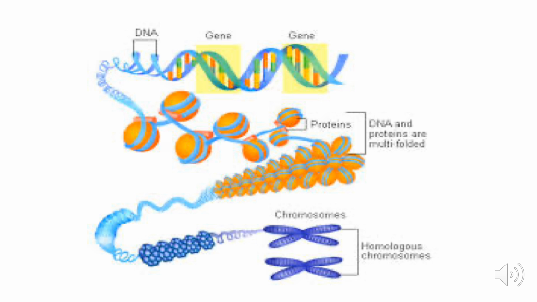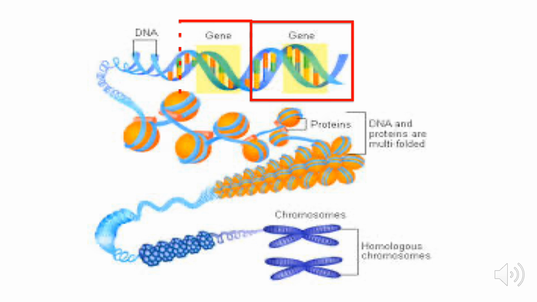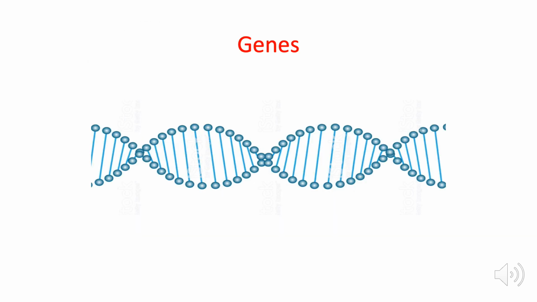For you to understand that, I want you all to appreciate that there are small areas in the DNA which we call the genes. And these genes are the ones responsible for the encoding of proteins. This is the DNA, and the small areas within the DNA are called the genes.